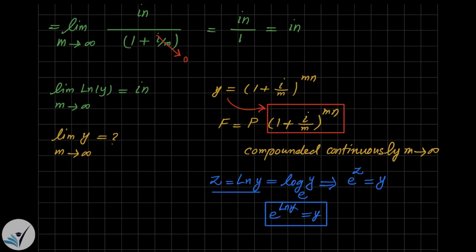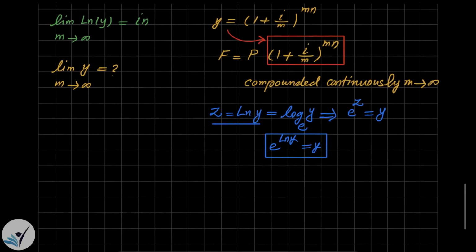So we use this property to calculate the limit of y here. The limit of y as m approaches infinity is equal to the limit of e to the ln of y as m approaches infinity.